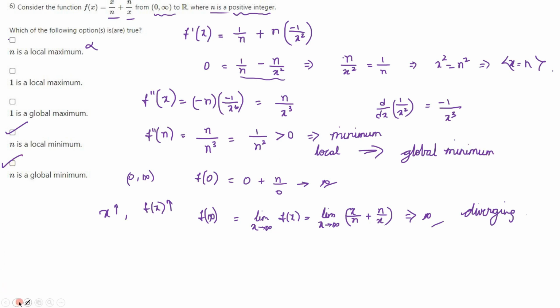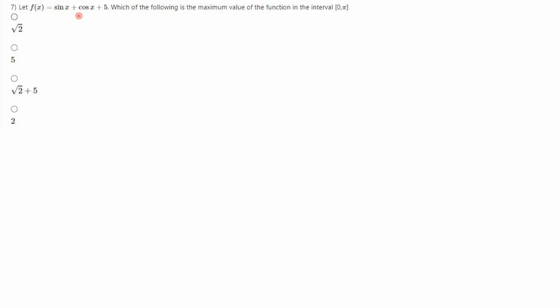Moving on, f of x is equal to sin x plus cos x plus 5. Which of the following is the maximum value of the function in the interval 0 comma pi? Okay, so we have to find the maximum value of this function in the given interval.